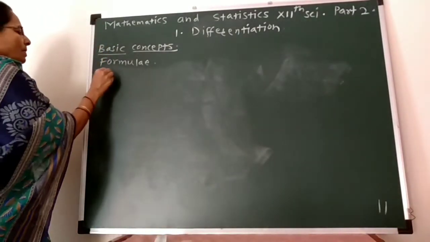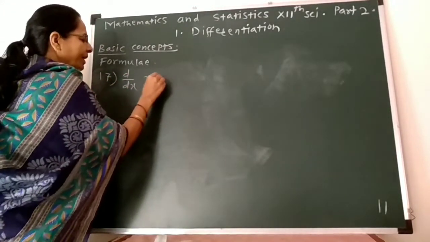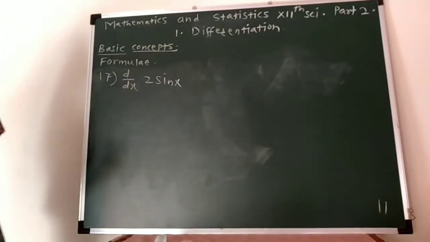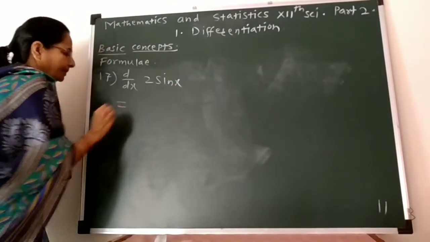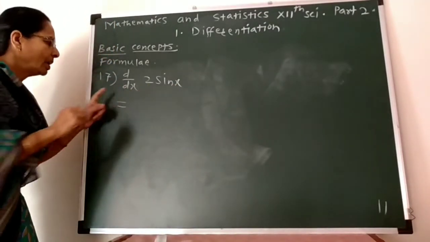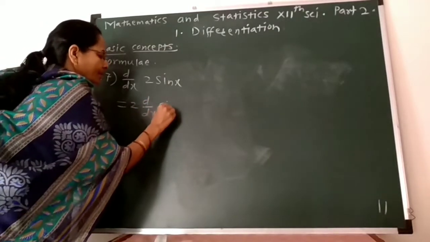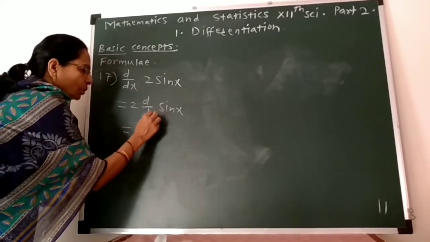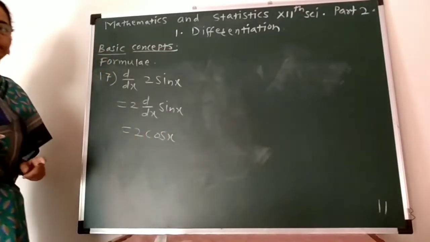Next, d/dx of 2 sin x is equal to 2 take outside d/dx of sin x, is equal to 2 times the derivative of sin x, which is cos x.